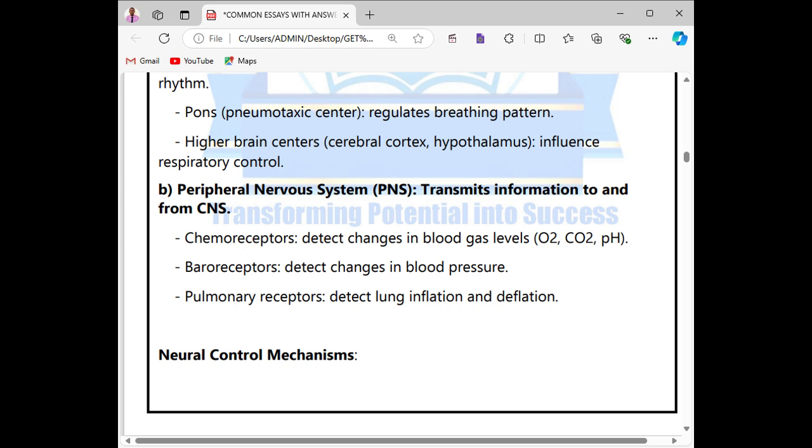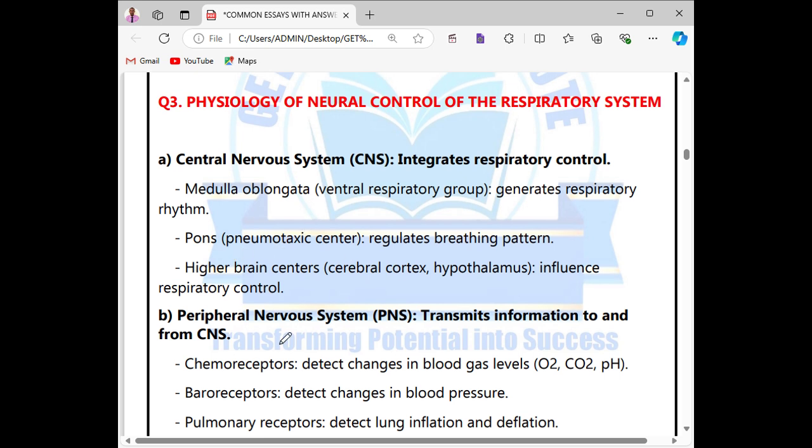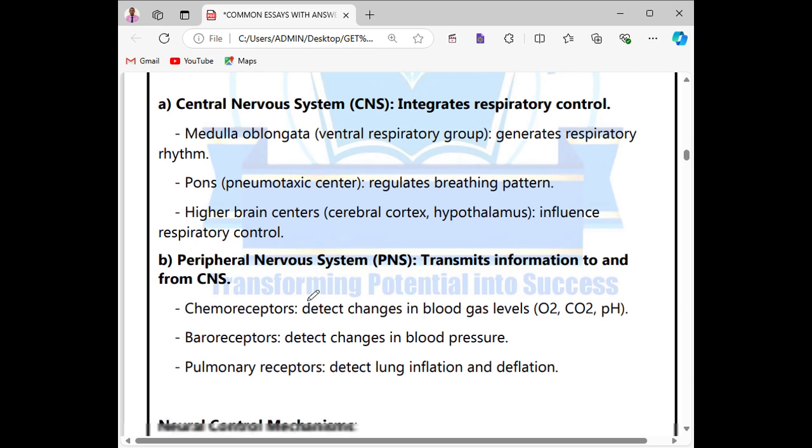These are receptors which detect changes or fluctuations in partial pressure of oxygen, partial pressure of carbon dioxide, including the levels of pH. We also have baroreceptors which detect blood pressure. Then you have the pulmonary receptors which detect lung inflation or deflation. These are the key aspects as far as you are talking about the neural control of the respiratory system. You should be able to understand them.